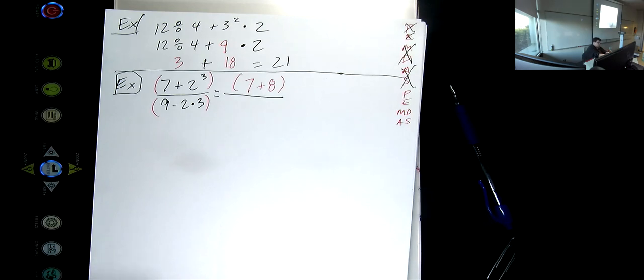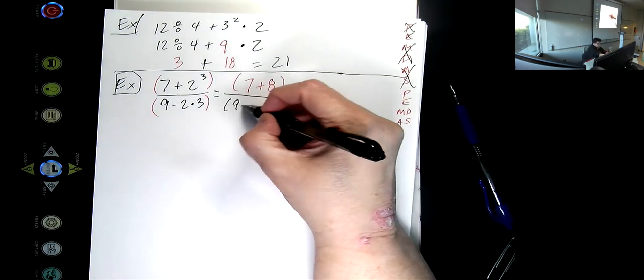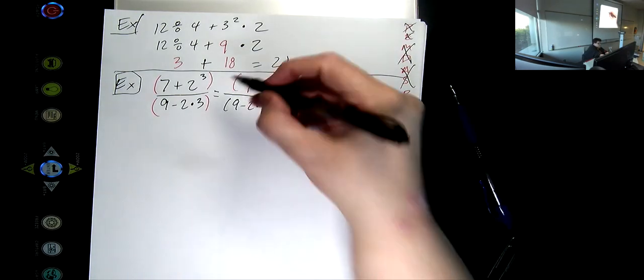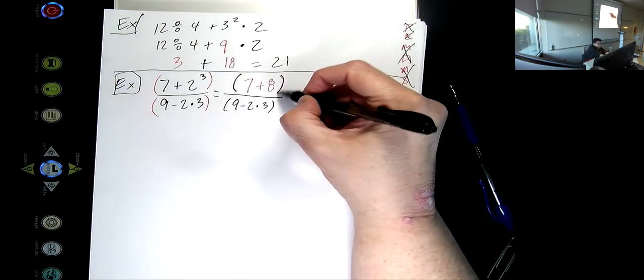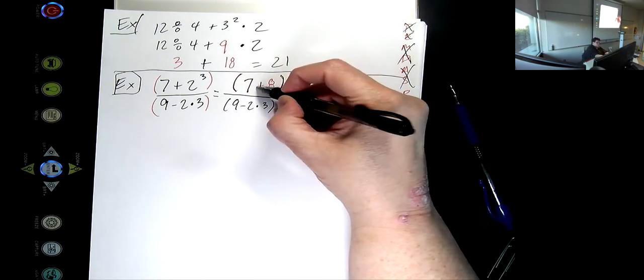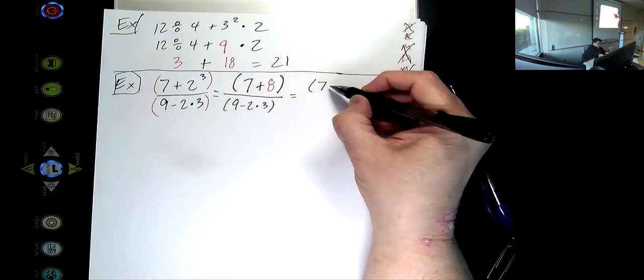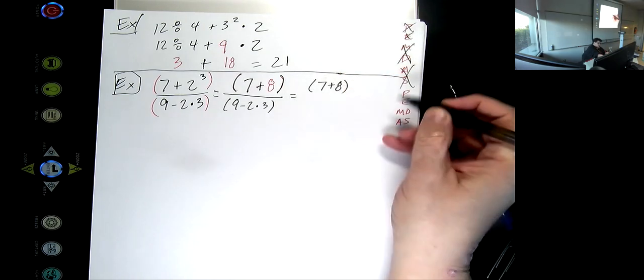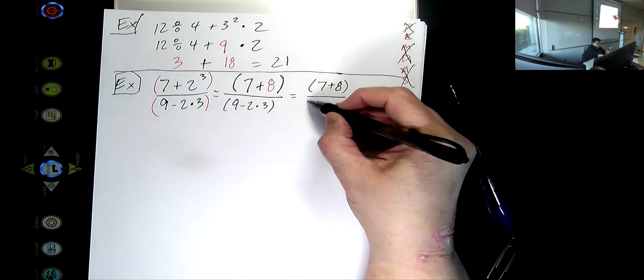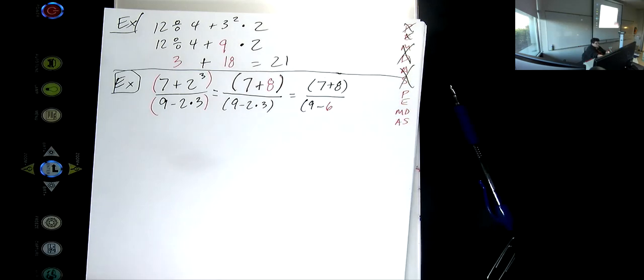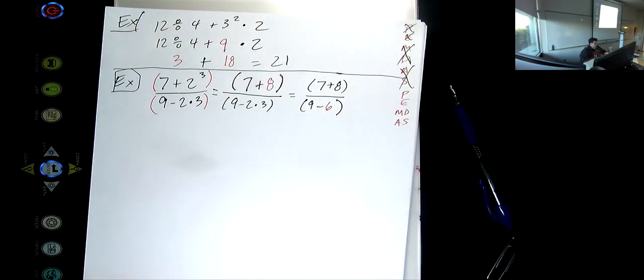And then we'll deal with the multiplication and division in them. 2 times 3 is 6. And I don't see any division.